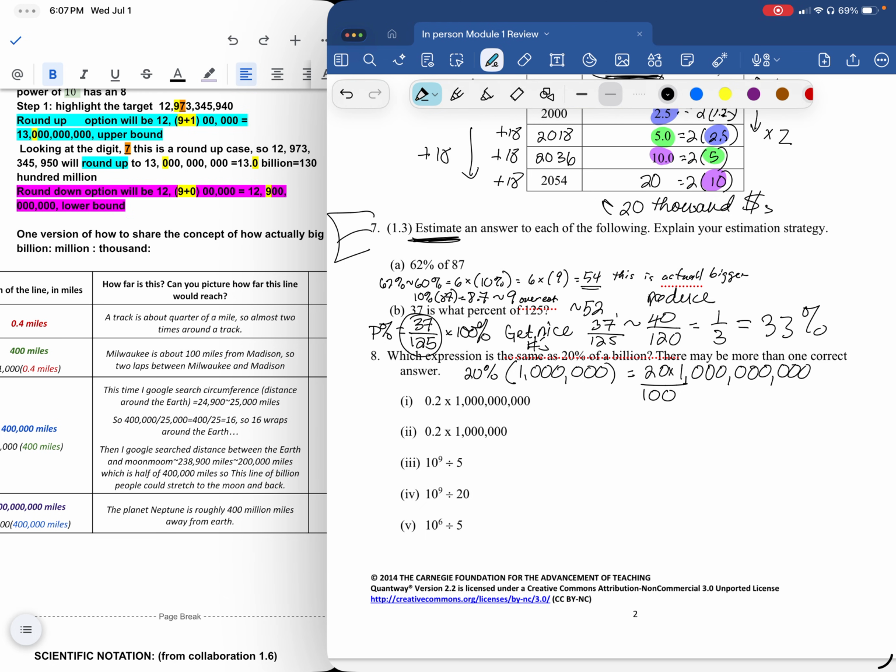All right, so canceling things out, I got 2 zeros here and 2 zeros there. So I can cancel those guys out, and I'm just left with 20 times this number. So we have 2 times 1, which is 2. And I have 1, 2, 3, 4, 5, 6, 7, 8 zeros. And now I add the commas.